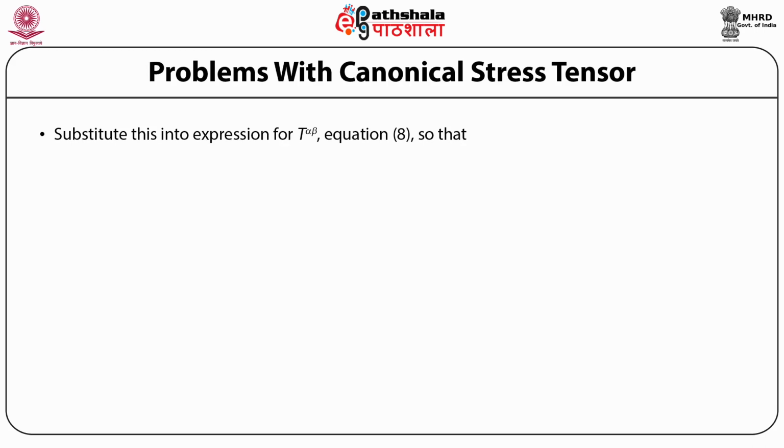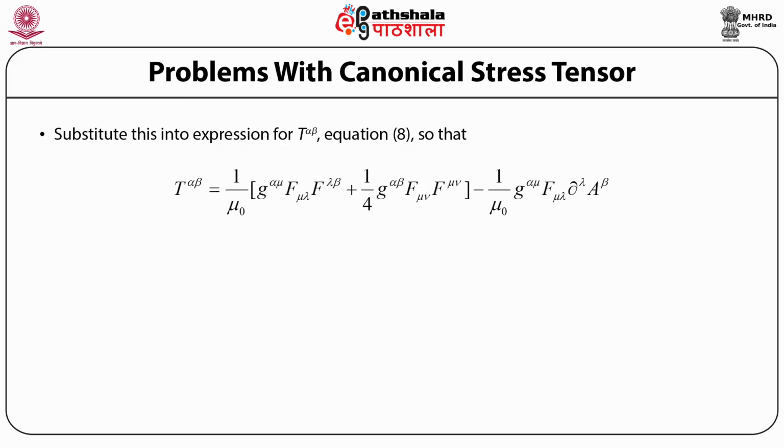On substituting this into the expression for T^{αβ}, we get T^{αβ} = (1/μ₀)[g^{αμ} F_{μλ} F^{λβ} + (1/4) g^{αβ} F_{μν}F^{μν}] − (1/μ₀) g^{αμ} F_{μλ} ∂^λ A^β. The first two terms are gauge invariant and symmetric.